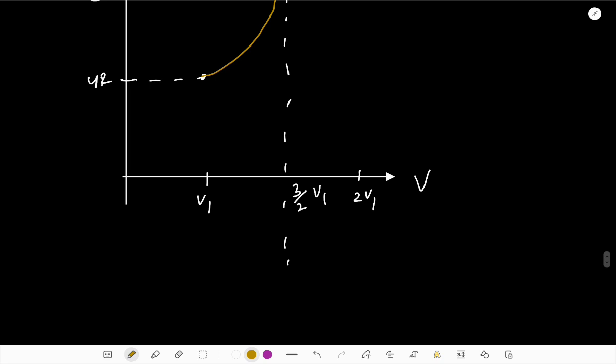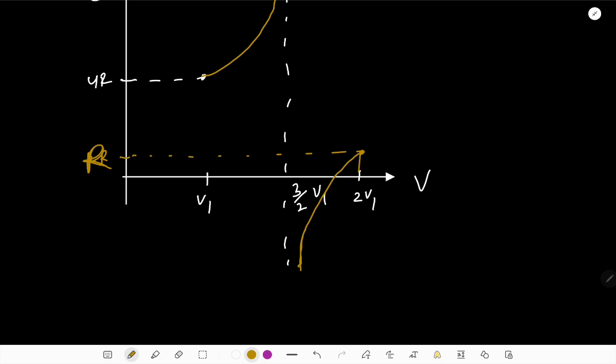So I would like to put somewhere R, just R only, and this point is the meeting point, and the next side of the graph will look like this. This is the asymptote, and the graph must be parallel to this line.